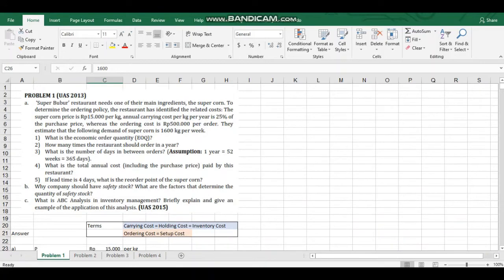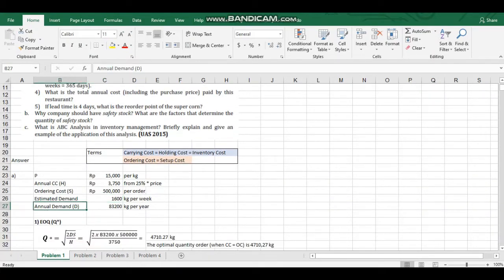We have to convert it to annual demand, so we get the D. For annual demand, we just multiply the weekly demand by 52 weeks, because in a year we have 52 weeks. So we get this number, 83,200, by multiplying 1,600 by 52 weeks. Okay, so we have annual demand now.